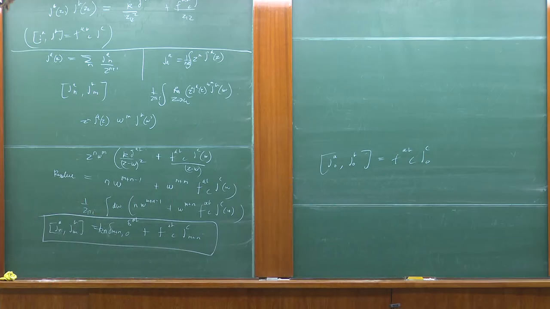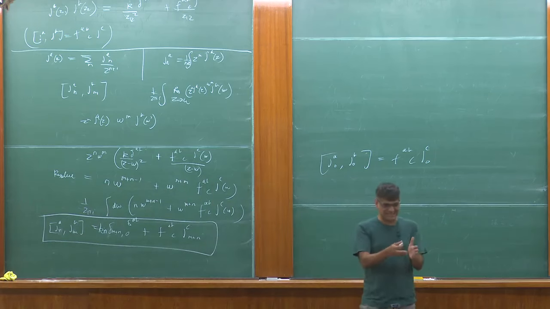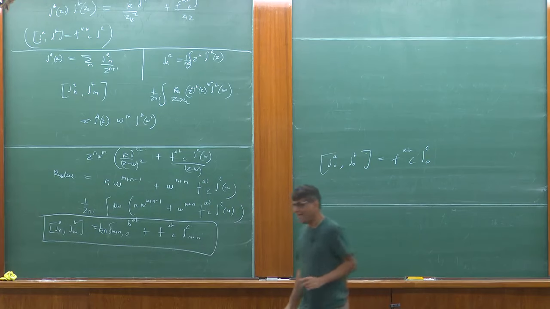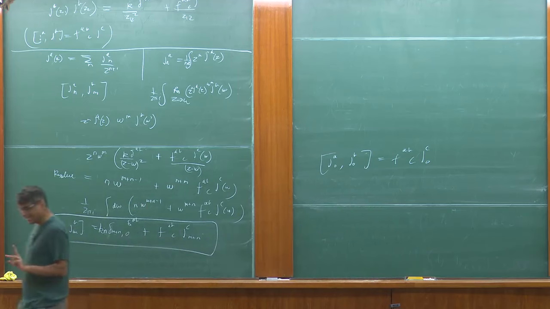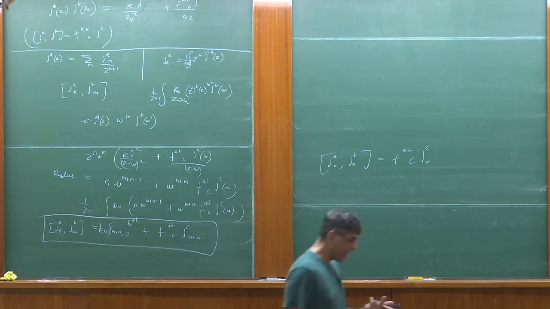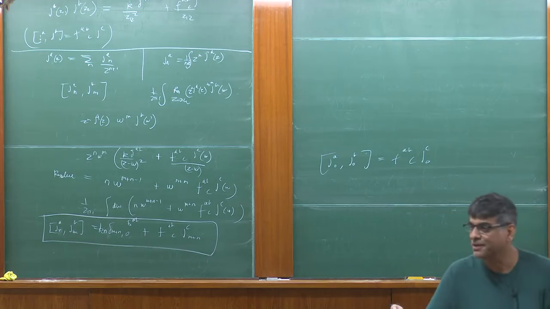But in SU(2) we did something else also very clever. You remember there we thought of it like J plus, J minus, and Jz. And then we looked at J minus at mode minus 1, J0 at mode 0, and J plus at mode plus 1.